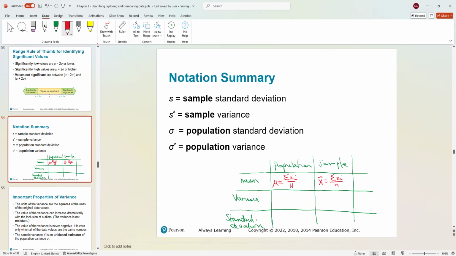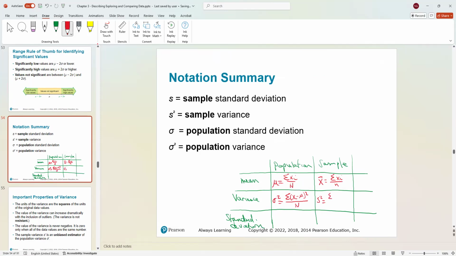The variance for the population, we call it sigma square. Remember, it is the lowercase Greek letter sigma. You subtract the population mean from each data value, raise it to power 2, add them all up, and divide by capital N. If it's for the sample, we call it S square.